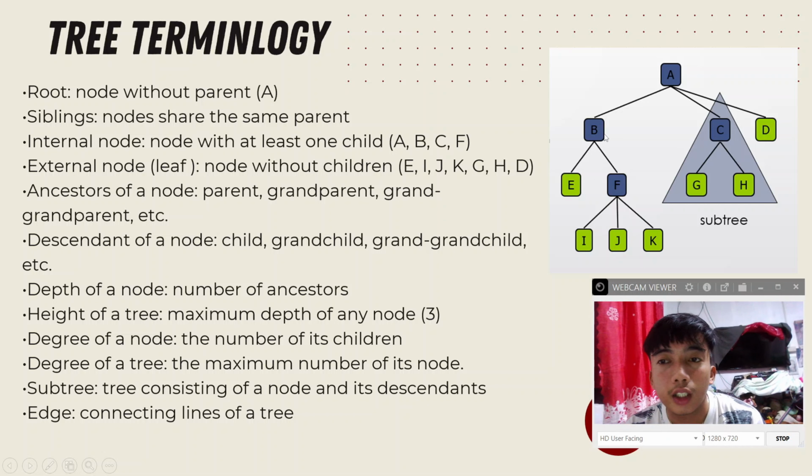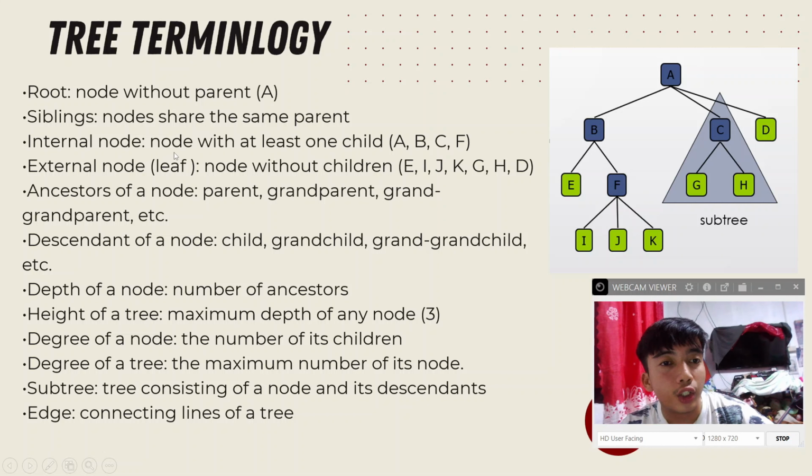Here, the siblings are B, C, and D, and their parent is A. G and H are siblings, and their parent is C. E and F are siblings, and their parent is B. I, J, and K are siblings, and their parent is F.